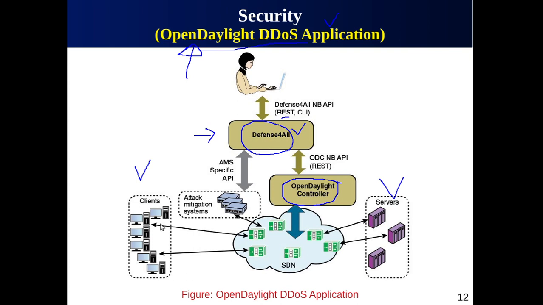We have traffic flows between clients and servers. Normal traffic is recorded, and then if an abnormal traffic flow is observed, the attack mitigation system is consulted to either block that traffic, or if that traffic is legal, it will remove that block from the traffic flow.